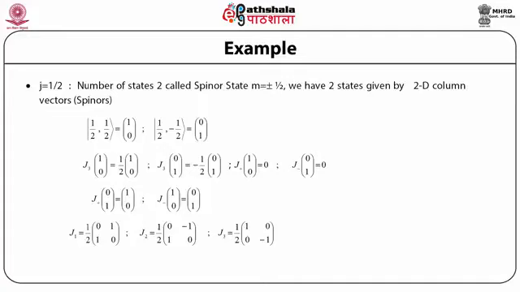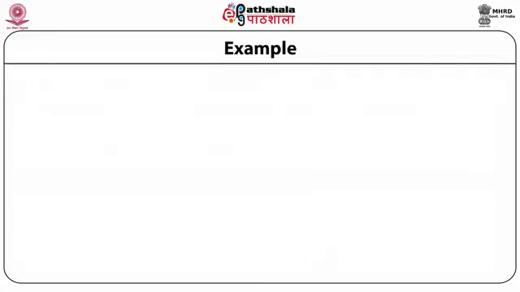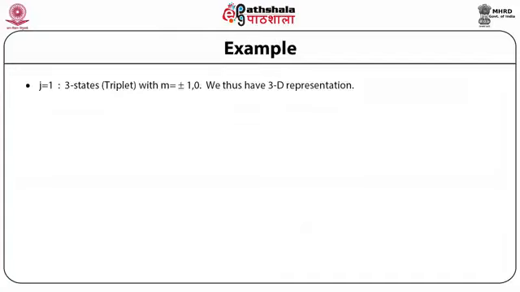That is, any other representation for J equal to half, that is D half of theta i, is obtained by exponentiating, equal to exponential of i theta i Ji, which corresponds to the spin angular momentum half. So we have seen that the Pauli matrices form a fundamental representation of the SU2 group, and other representations can be obtained by exponentiating it. So let us now see what happens when J is equal to 1.